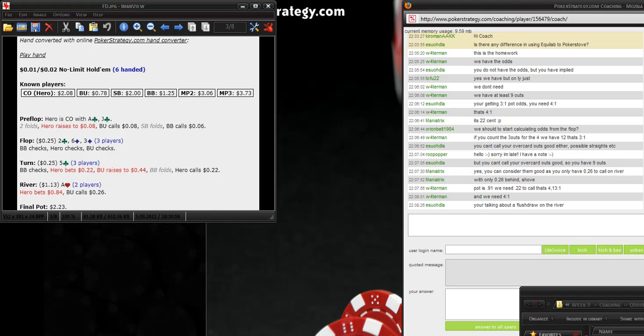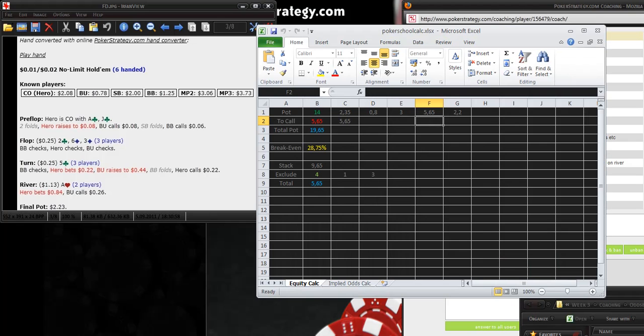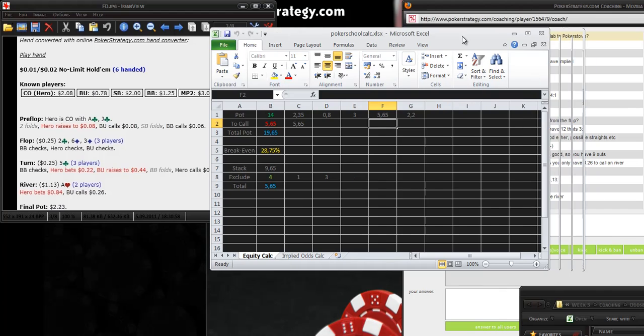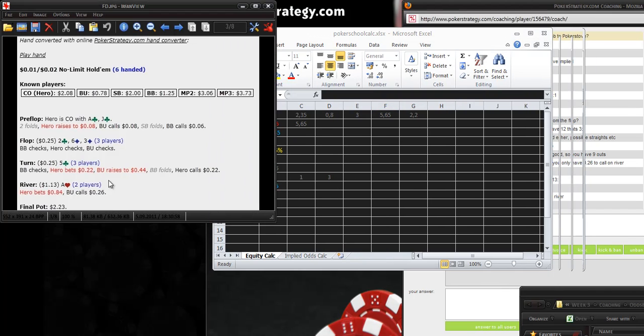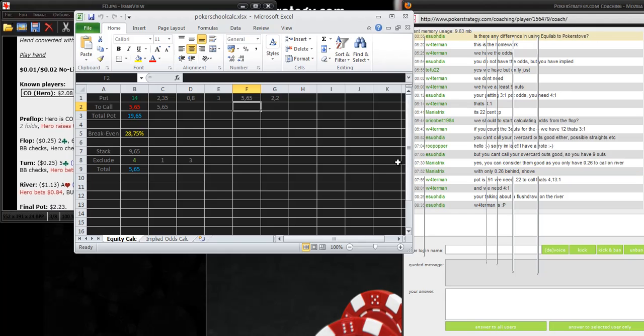And actually it should be pretty easy, and we can see for ourselves. I'm just going to show you my calculator, which I have made myself. Even if we didn't see it ourselves, in this case it's pretty easy to see that we are practically getting the odds.